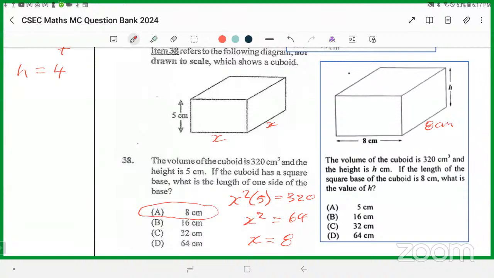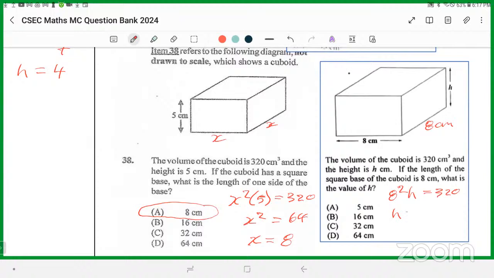For the reverse calculation, they ask us what the height is now. The answer is going to be this 5. The area of the base is 8 times 8, which is 8 squared, times the height is equal to 320. This is 64.